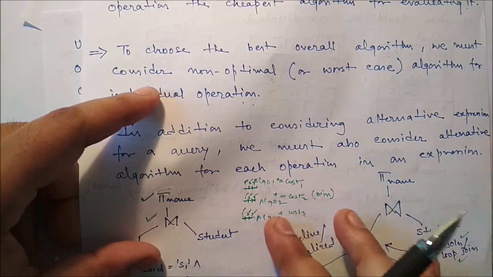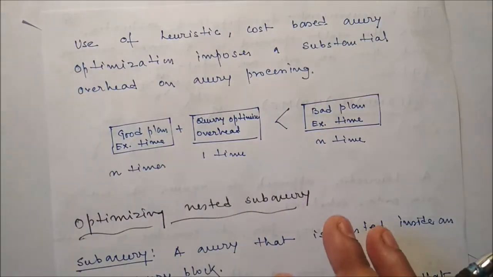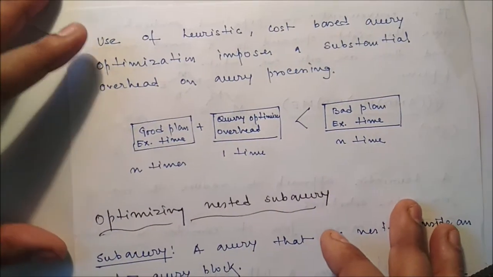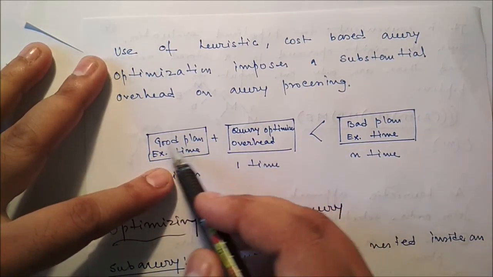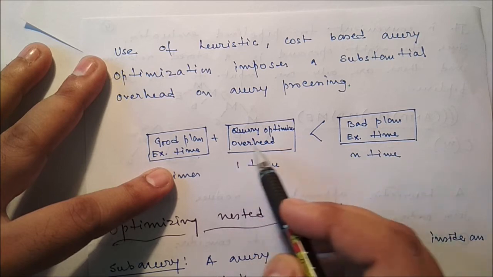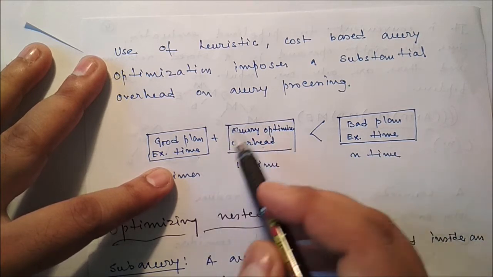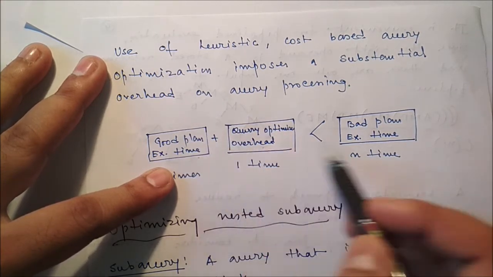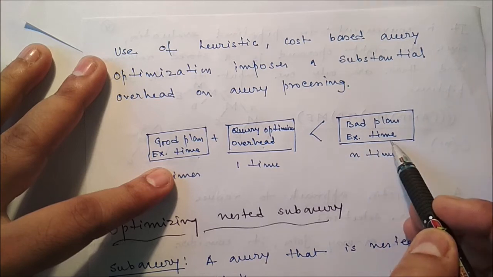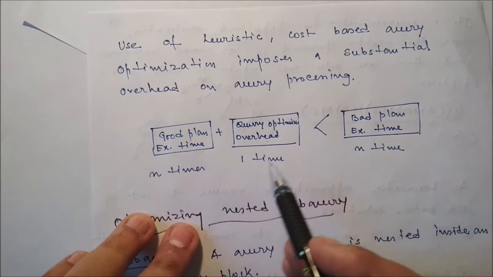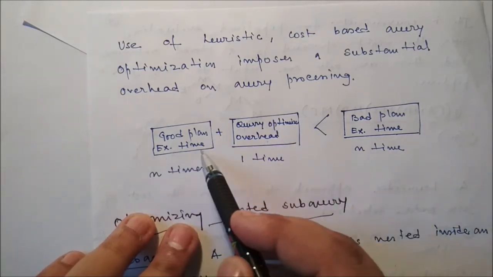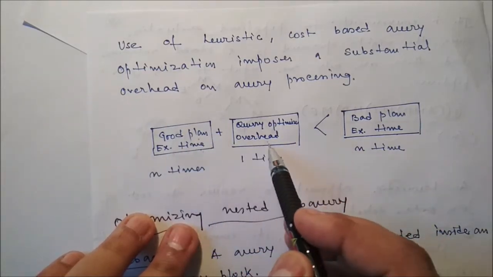Each and every time we have to calculate the cost, so calculating cost is overhead. But if a good plan is there, the execution of the good plan plus query optimization overhead generally requires less time than the bad plan execution time. So the execution time of a bad plan is much higher than the total of the good plan execution time plus the query optimization overhead.